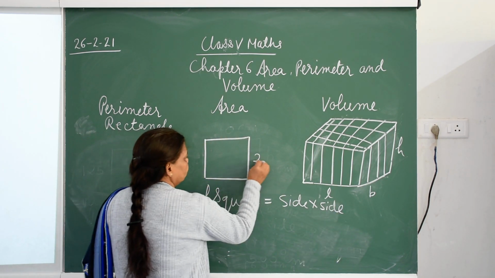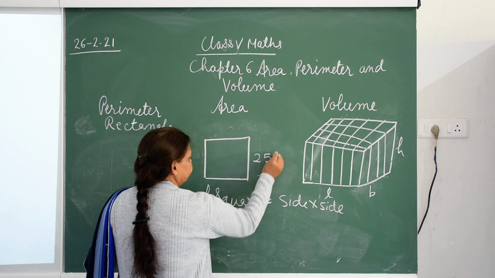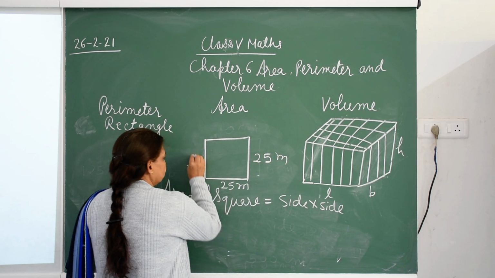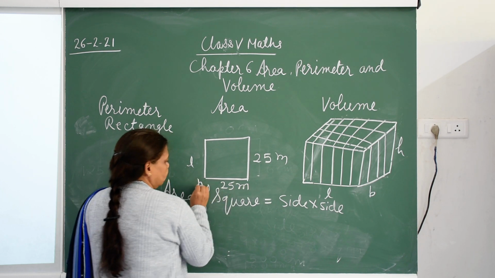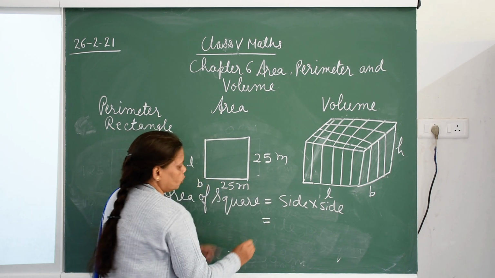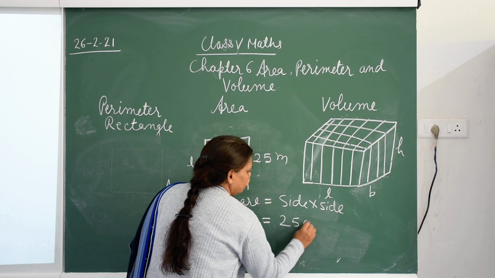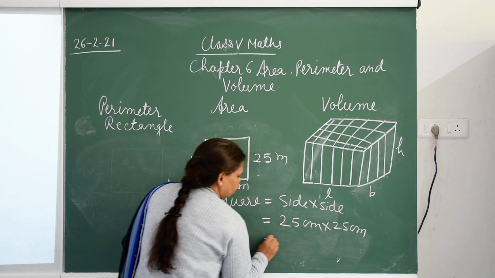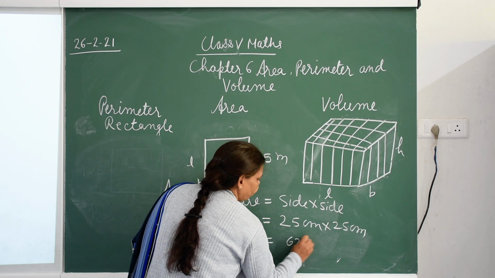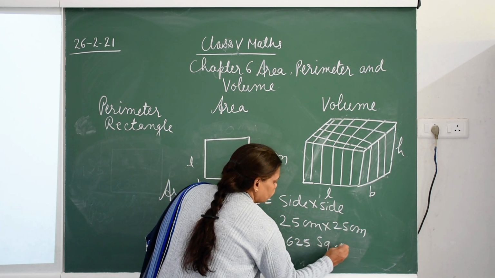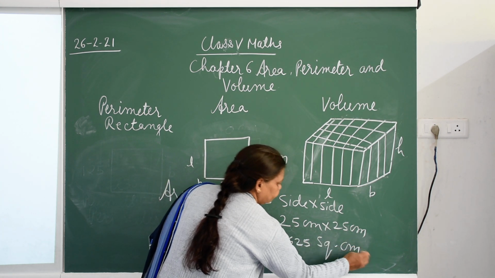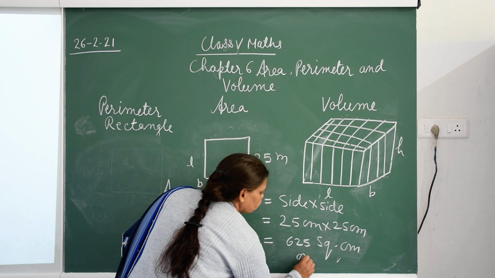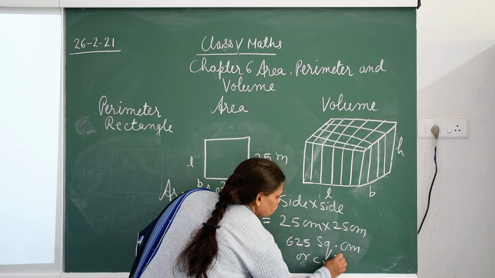So we will take 25 meter and here 25 meter, this length and this breadth. So side into side, 25 centimeter multiply by 25 centimeter is equal to 625 square centimeter. Square centimeter, or you can write this way also, centimeter square.